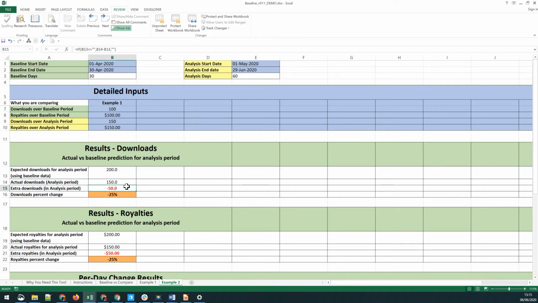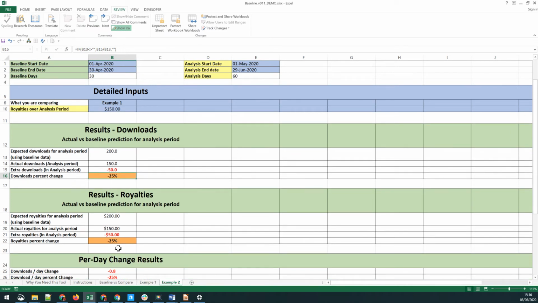So extra downloads, we're actually 50 down on what we would have expected. Because although we had 130 days, that means we would expect 260 downloads, not 150. And that means that our overall percentage change is also down 25%. And because we used the same numbers effectively, the royalties has done the same thing there.